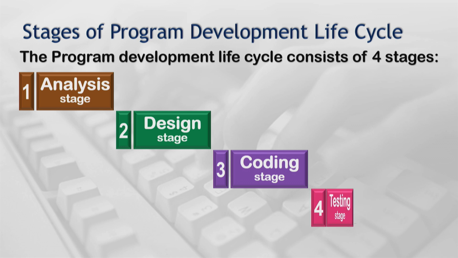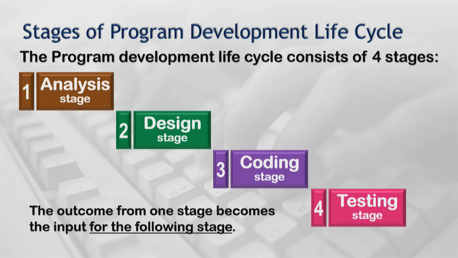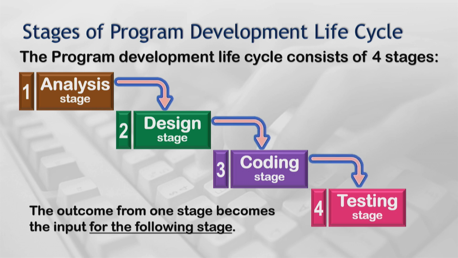The fourth and final stage is the testing stage. Usually, the outcome from one stage becomes the input for the following stage. This means that the outcome from analysis stage is used during the design stage. The outcome from the design stage is used during the coding stage, and so on.